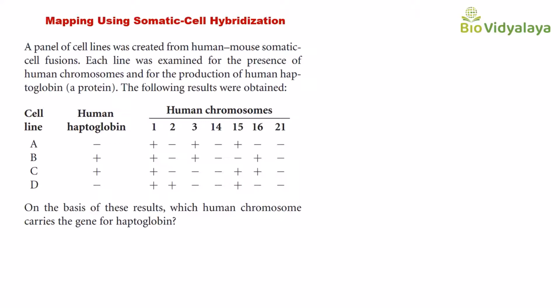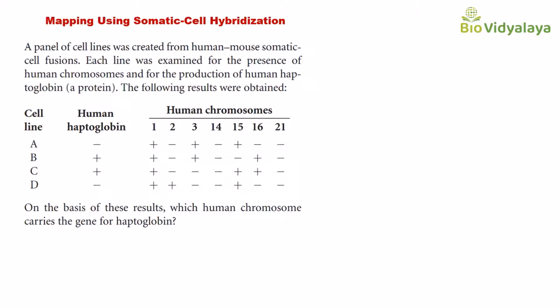A panel of cell lines was created from human-mouse somatic cell fusion. Each line was examined for the presence of human chromosomes and for the production of human haptoglobin, that is a protein. The following results were obtained. The cell lines are A, B, C and D, and human haptoglobin.